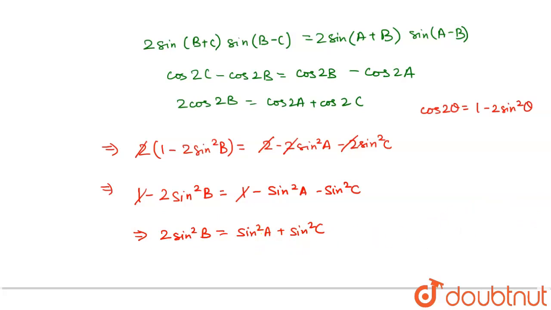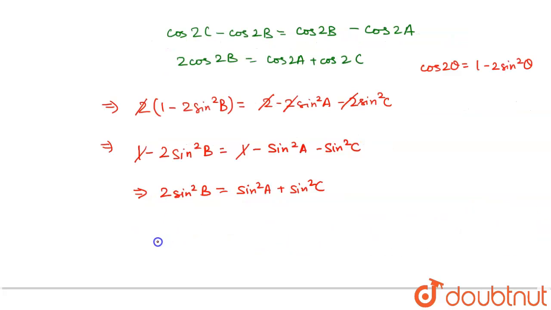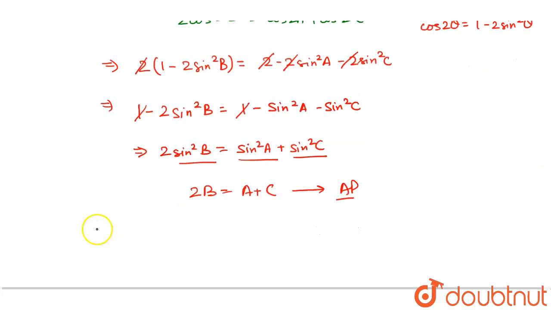Correct? So now as we can see, with sin square B, sin square A and sin square C, if 2B is equal to A plus C, that means they are in AP. We know that. So we can say that sin square A, sin square B and sin square C are in AP.